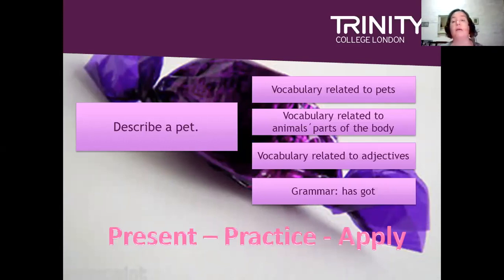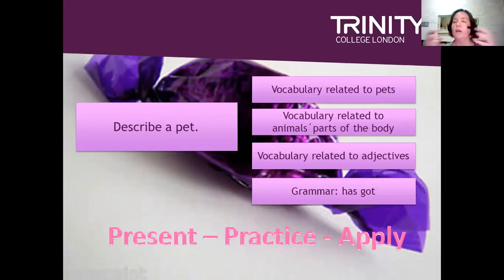Well, to describe a pet, they will have to learn vocabulary related to animal pet names. They will have to probably learn vocabulary to talk about animals' parts of the body. They will probably have to learn adjectives to describe animals, and they will also have to learn has got and hasn't got to describe pets.